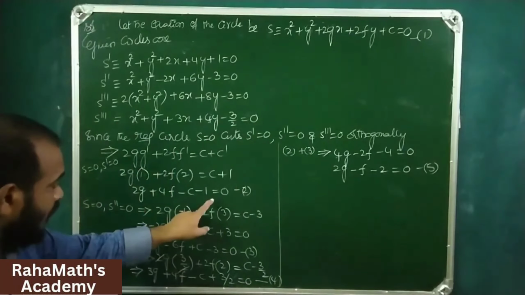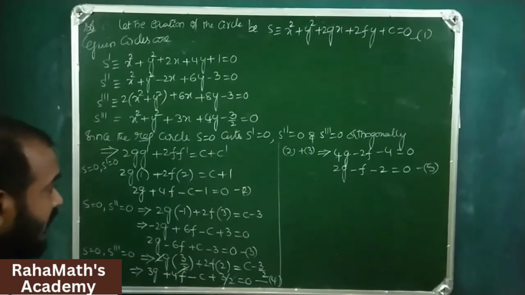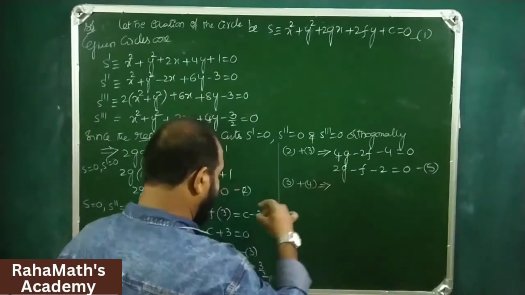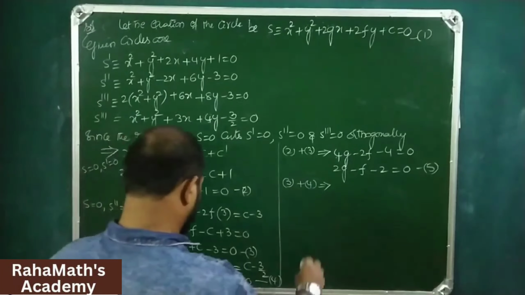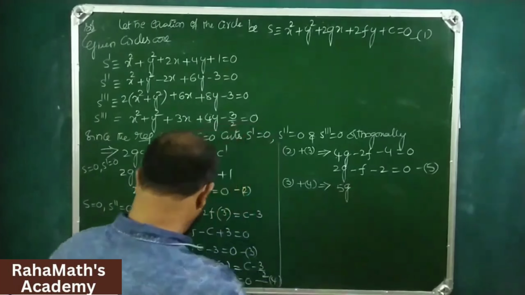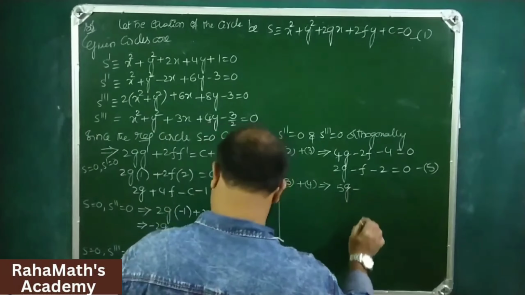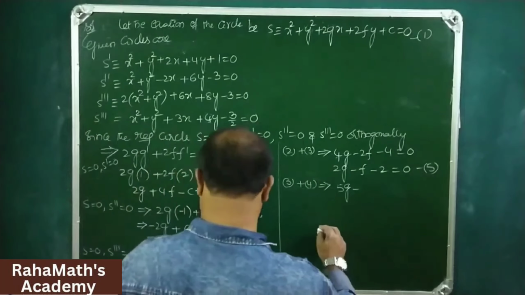Likewise, next, third equation and fourth equation I will add. Third equation plus fourth equation. 2G plus 3G is 5G. Next, minus 6F plus 4F is minus 2F.